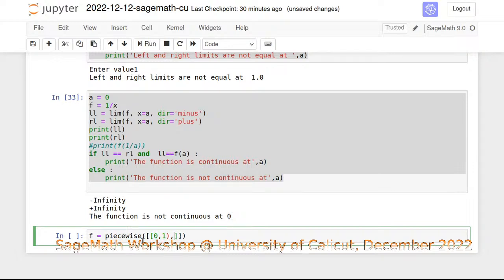At this point, let us define it to be equal to just 1. Okay, let's see.